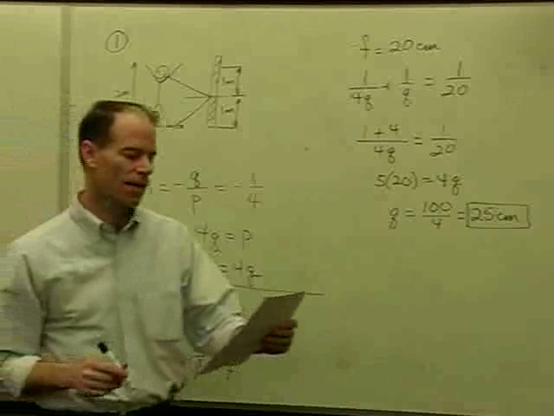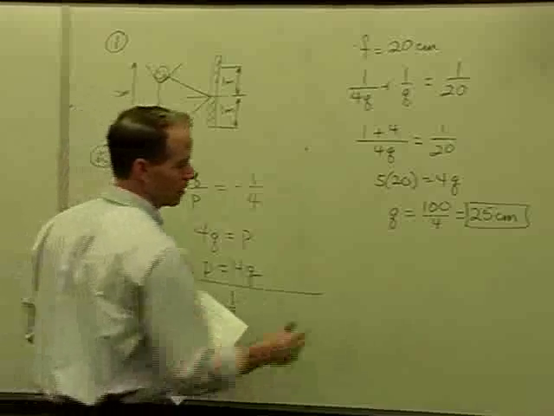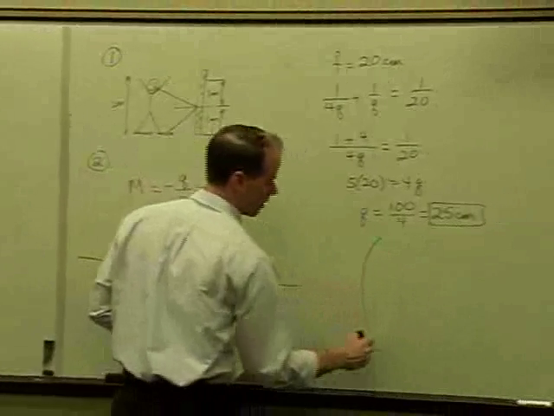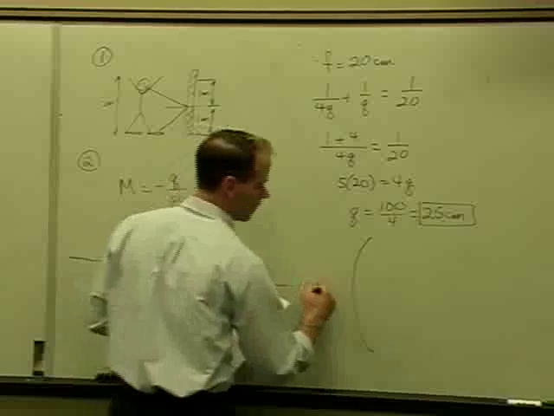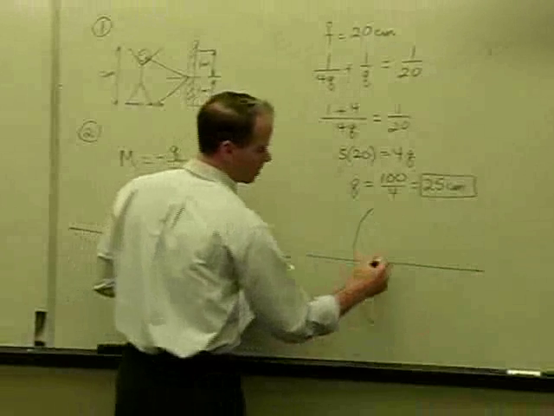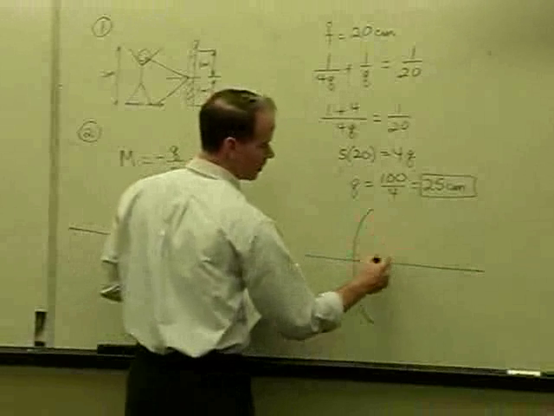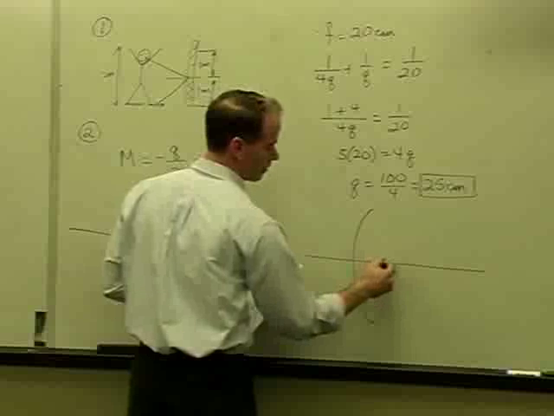Now, this is a concave mirror. So imagine what it might look like here. Generally, the radius would be twice the focal length. Let's say that's the focal point right there.